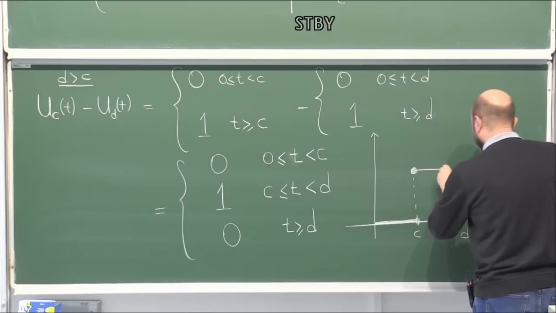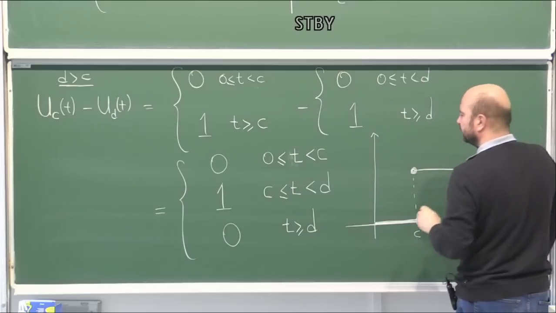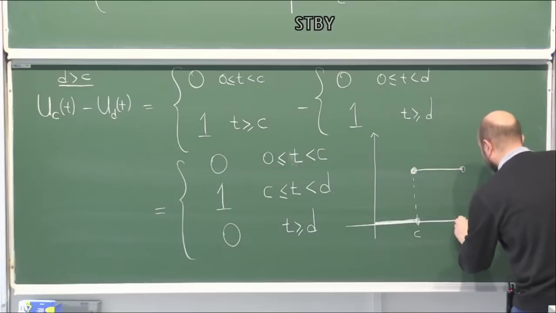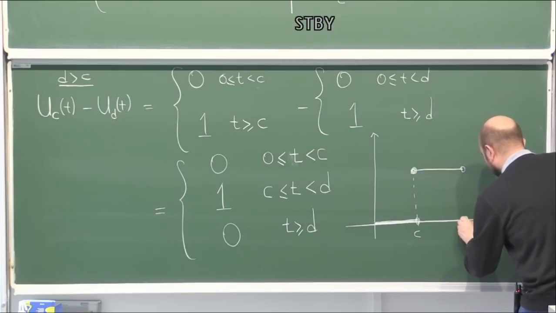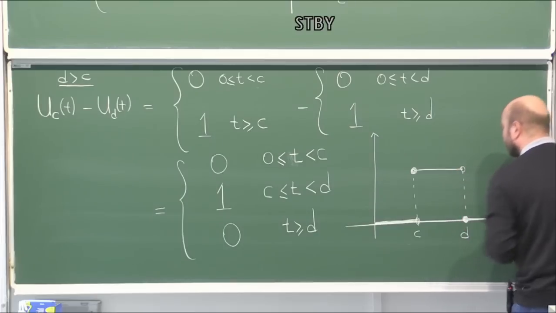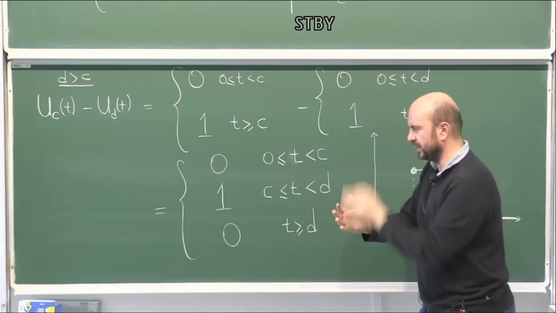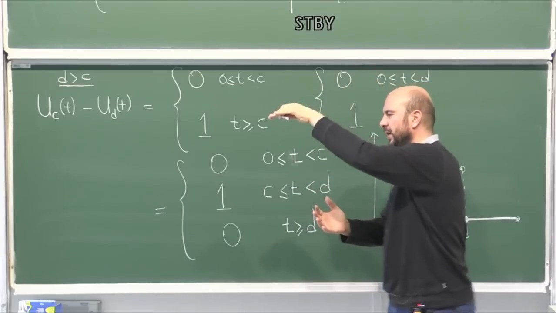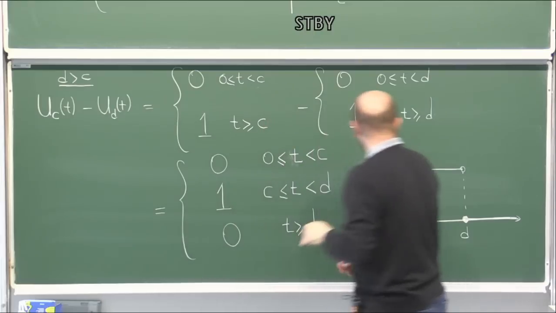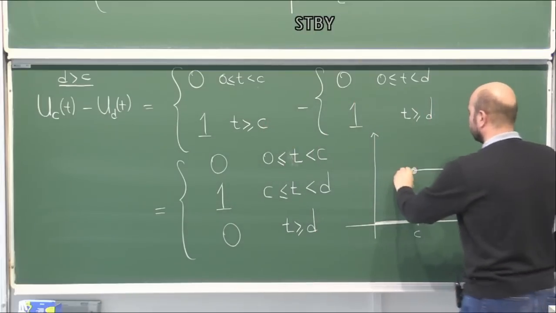It continues as 1. When you come to d, it becomes 0 and continues as 0. So you can think of this signal as coming as 0 as a bump, which becomes 1, and then it becomes 0 again and continues as 0 forever.